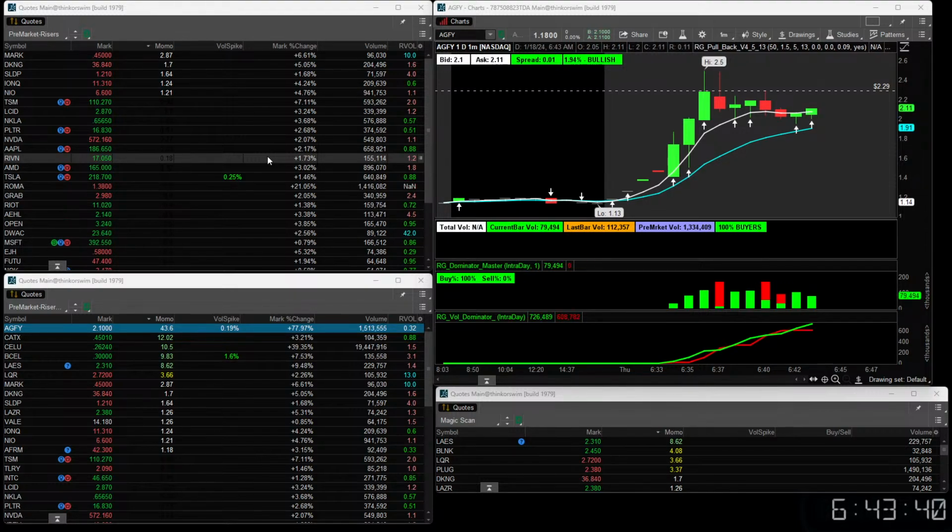I don't think I would count on a second run up on this stock. The run is already over. Now everybody trading it are the ones that missed it.